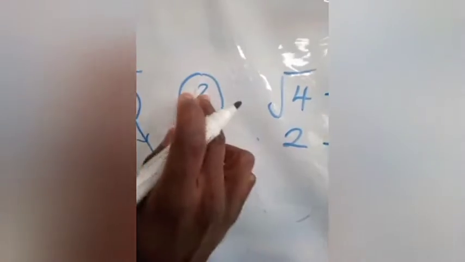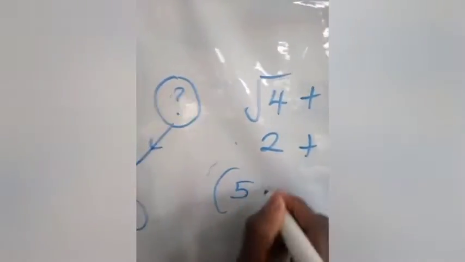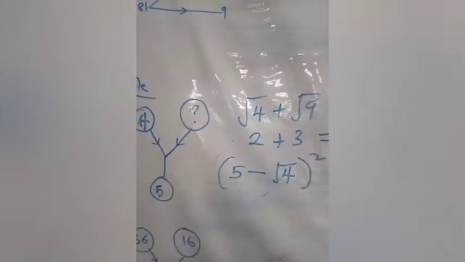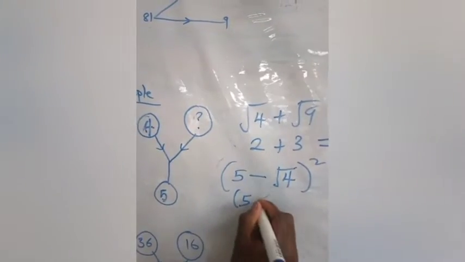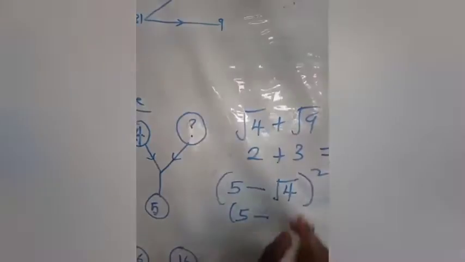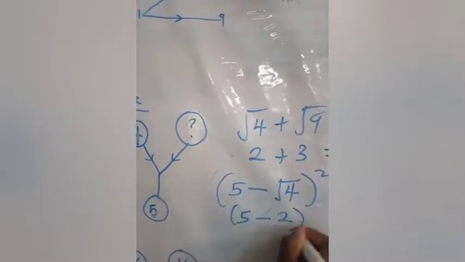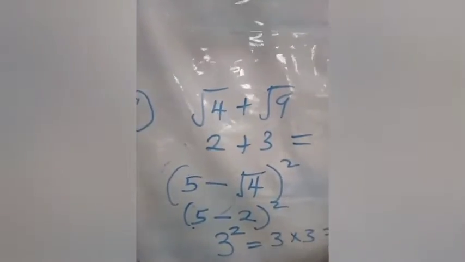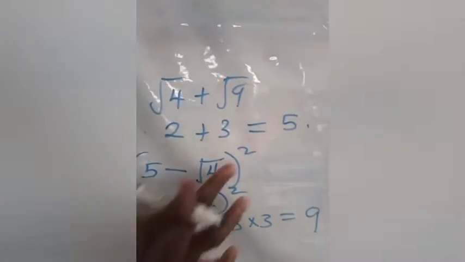And to obtain any of these sides, for instance, let's say 9, to obtain the value here, simply say 5 minus the square root of 4, all raised to power 2. That gives us 5 minus 2, which is 3 raised to power 2, which means 3 times 3 equals 9.